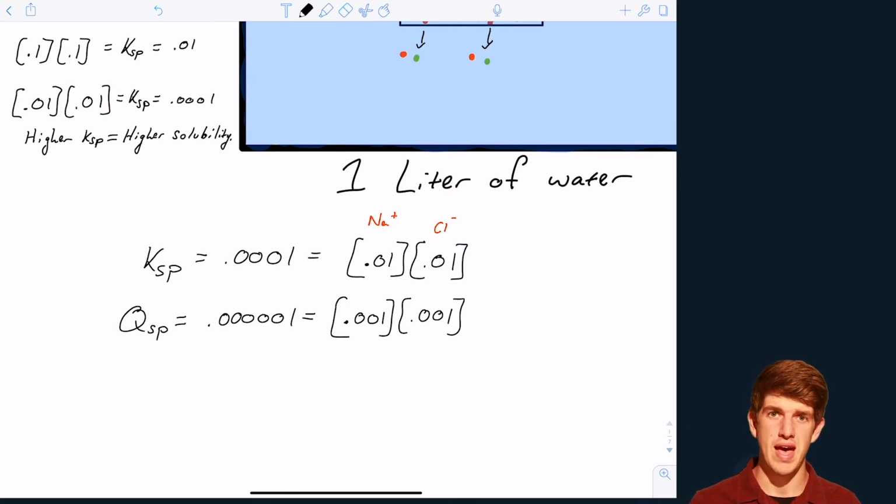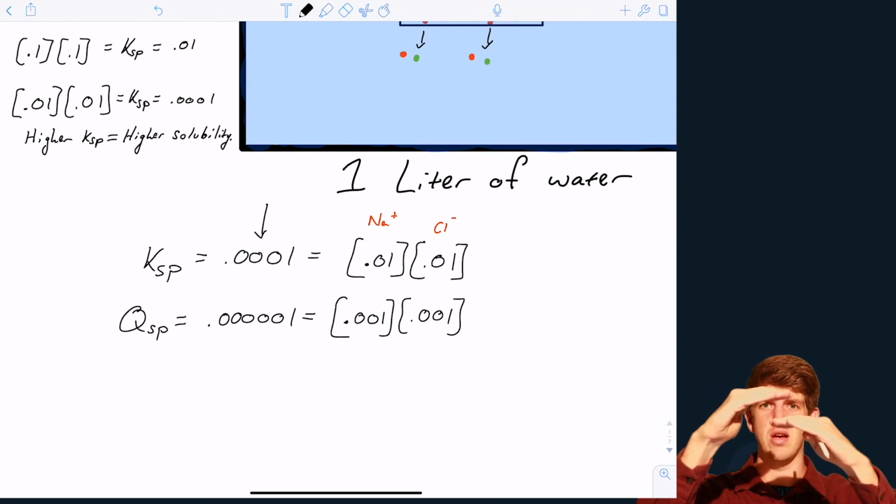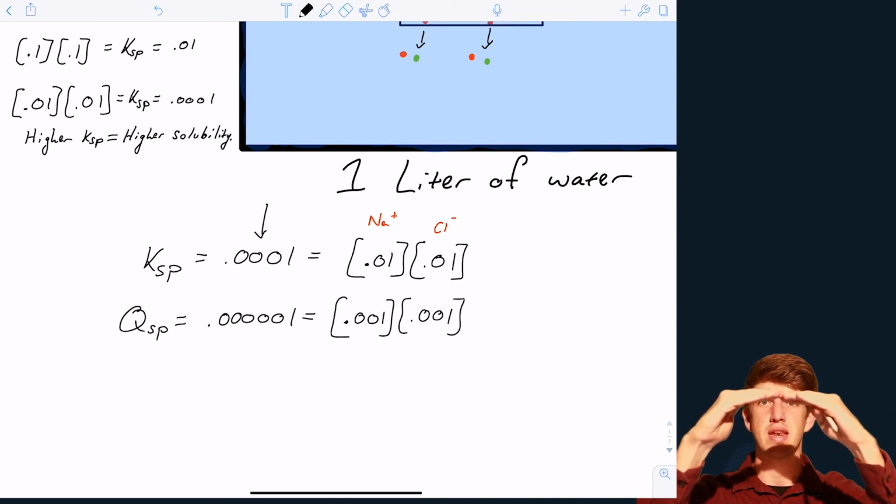Now, because I don't have a concentration that is at the Ksp, I'm lower than the Ksp, it means I could dissolve more of my solid. Because once I hit a Ksp of 0.0001, I would be at the equilibrium point. If I try to put more ions in, that would give a higher Qsp value. I would now be precipitating. Ksp is equilibrium. As I dissolve more and more of my ionic solid, I'm going to get closer and closer to that Ksp value.